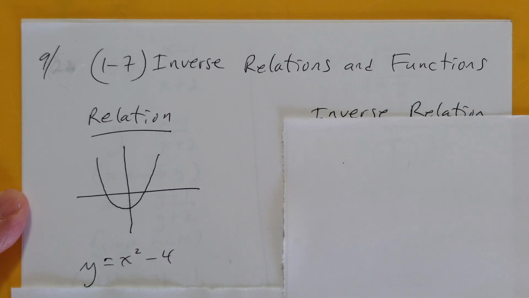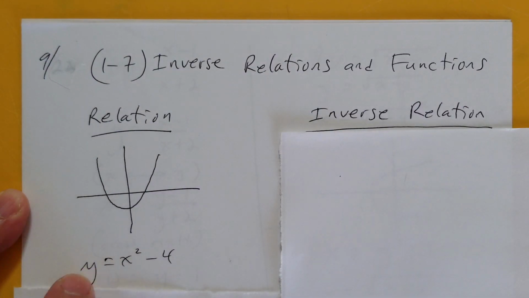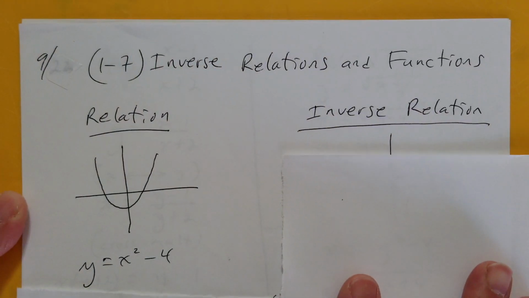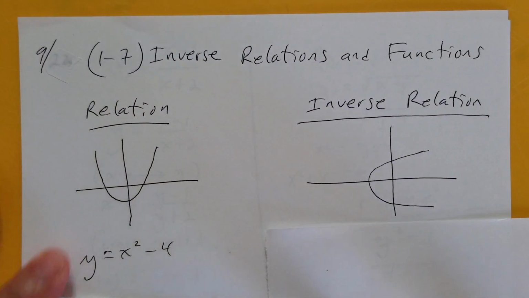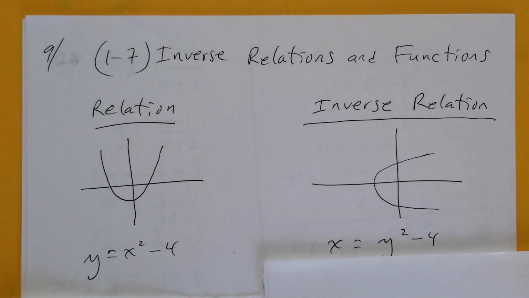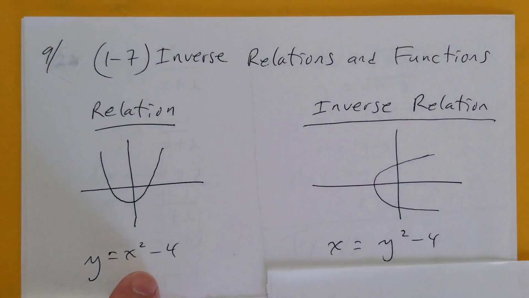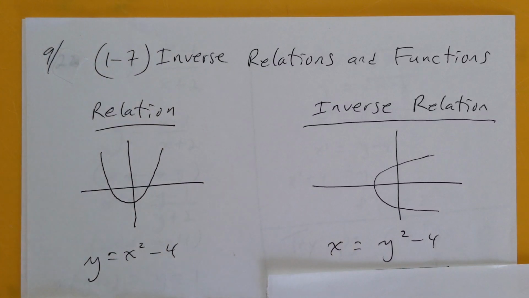Okay? Now the inverse of that, just like the word implies, inverse, is when you swap x and y, right? You would get this graph, right? And if you look at the equation, it's exactly like this, except x and y have switched places.